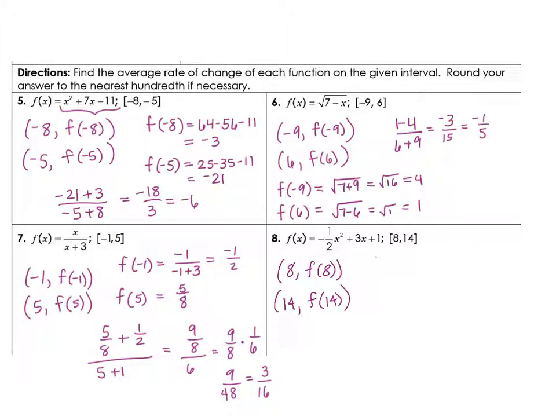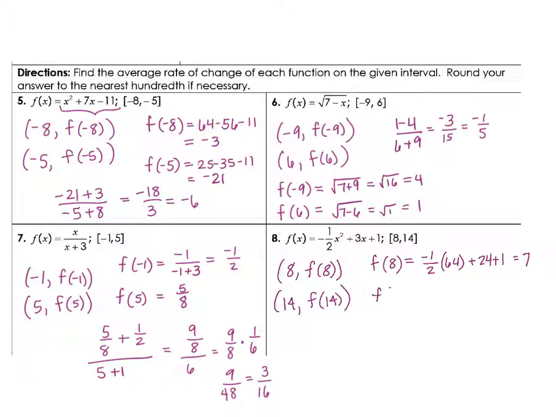And so f at 8, we are substituting into our calculator. So we have negative 1/2 times 64. And then we're going to have plus 24 plus 1. So it looks like f at 8 is going to end up being, looks like it might be 7.